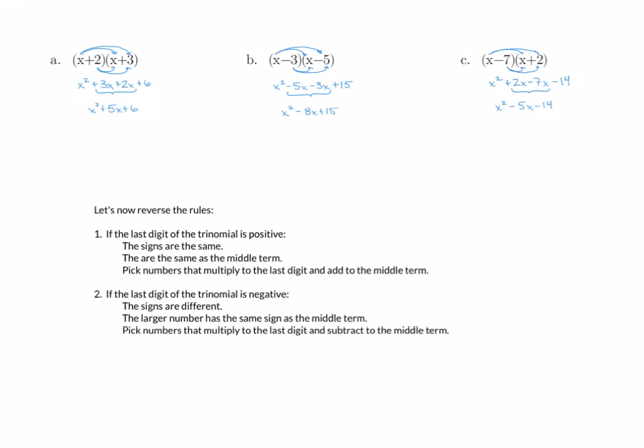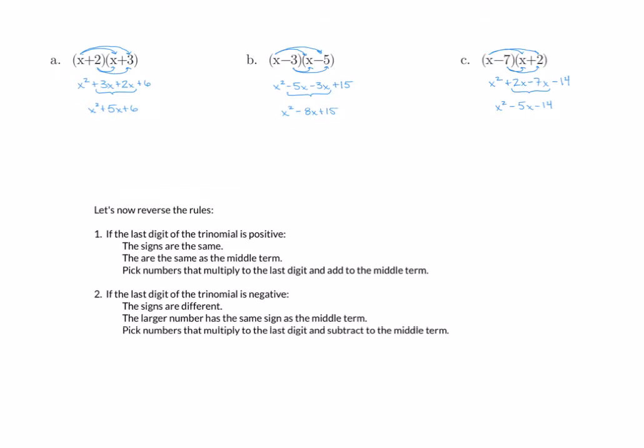So the main thing I want to focus on is keep the sign of the larger number. So the larger number will have the same sign as the middle term. Here we have a negative 5. I want my larger number to be negative. To figure out the numbers, we're going to pick numbers that multiply to the last digit and, because they are different signs, subtract to the middle term.